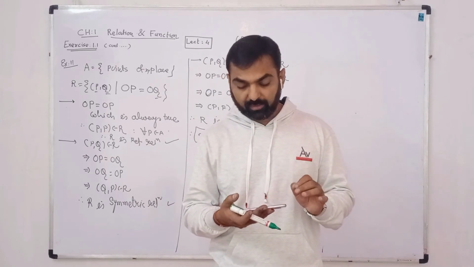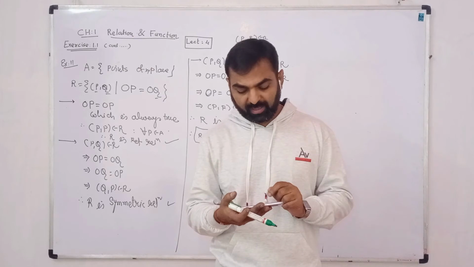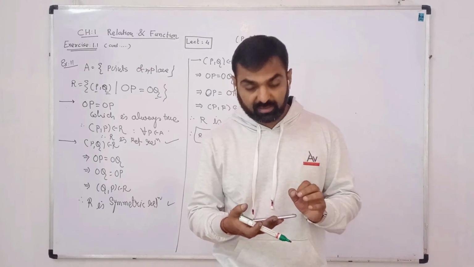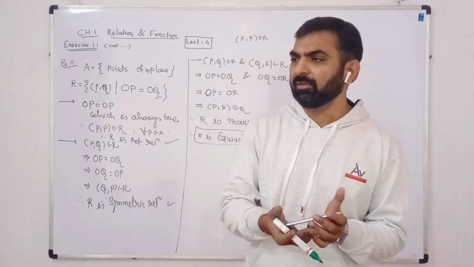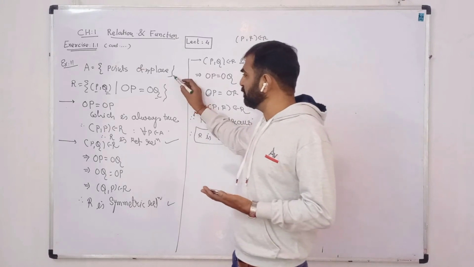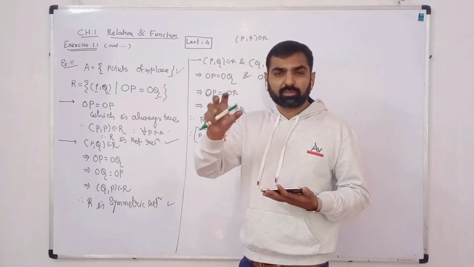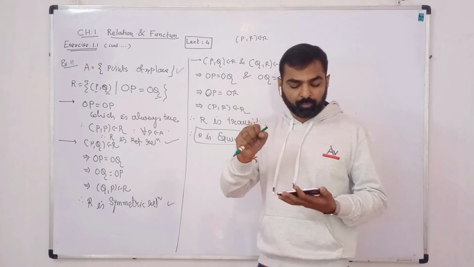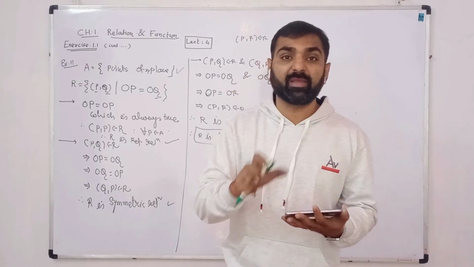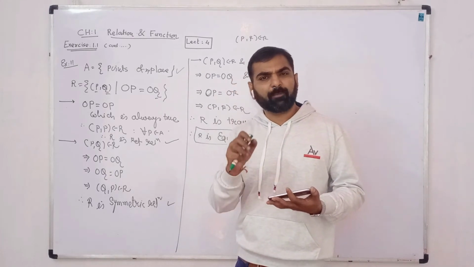Once again, further show that the set of all points: from this set A, which has many points, we have to take out some points which are related to a point P which is not the origin.